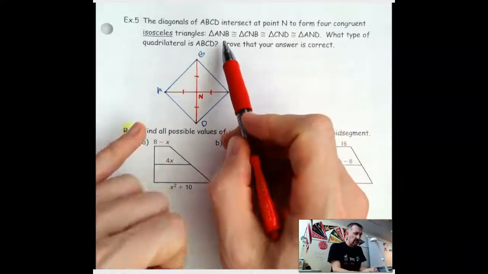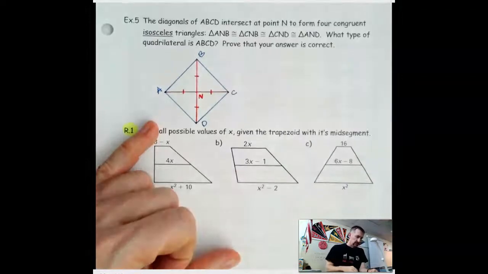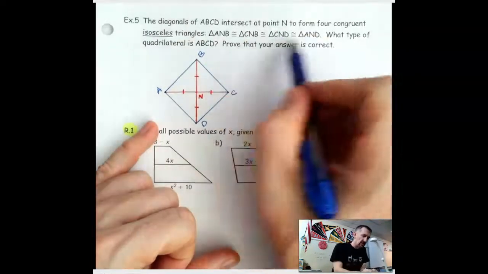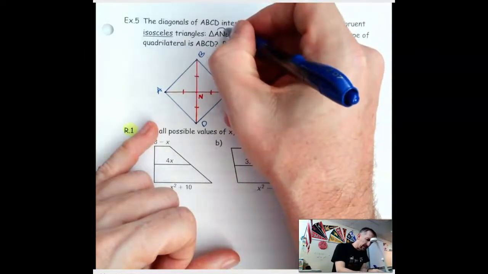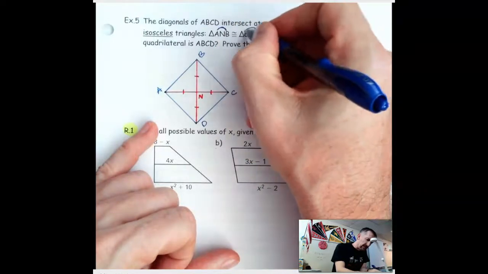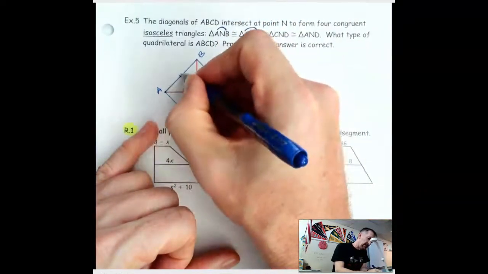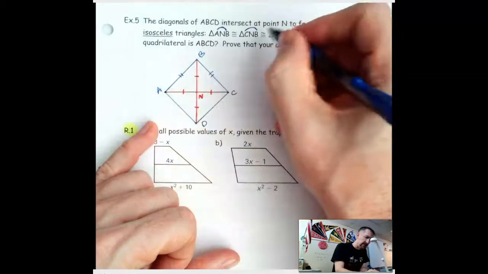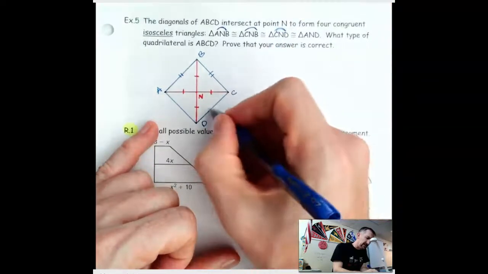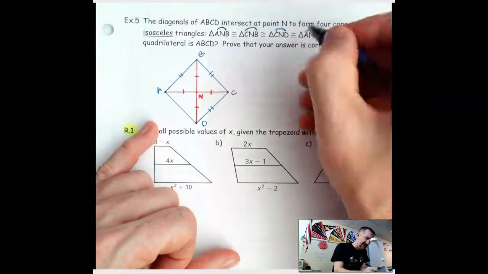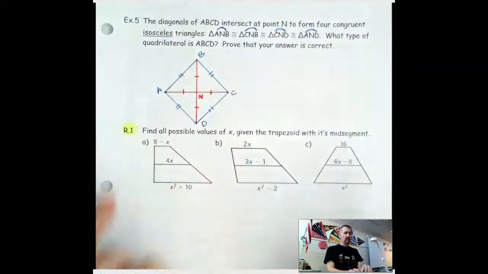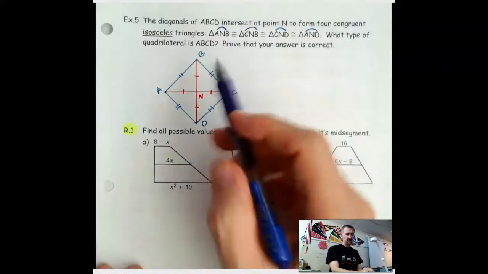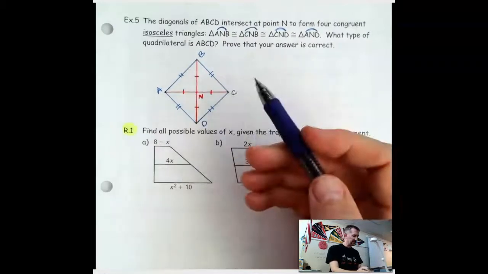And here, since these triangles are all congruent, AB and BC, and CD and AD are all congruent also, because if those triangles are all congruent, by CPCTC.